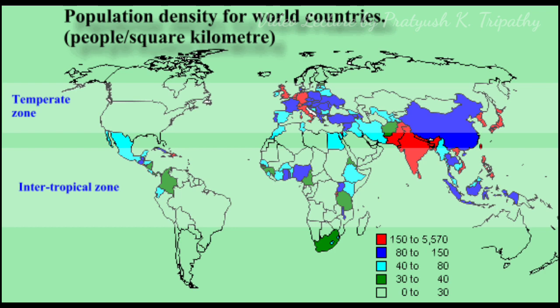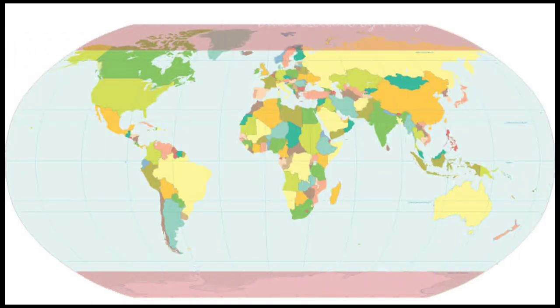Let's now talk about the frigid zones. The region between the Arctic Circle to North Pole and Antarctic Circle to the South Pole is extremely cold. Because of the inclination of the axis, this area in the north and south of the equator receives very slant rays during the winter.